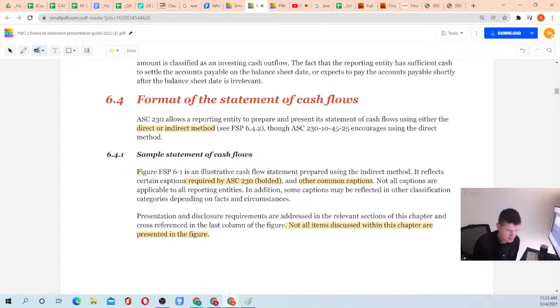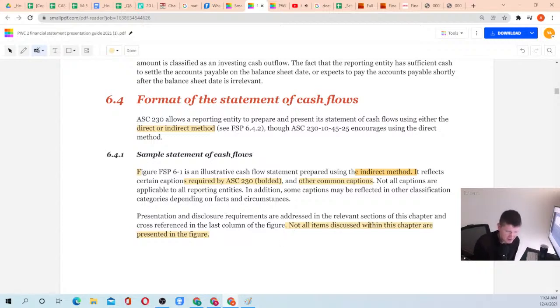This is an illustrative cash flow statement prepared using the indirect method. It reflects certain captions required, bolded, and other common captions. Not all captions are applicable to all reporting entities. In addition, some captions may be reflected in other classification categories depending on facts and circumstances.